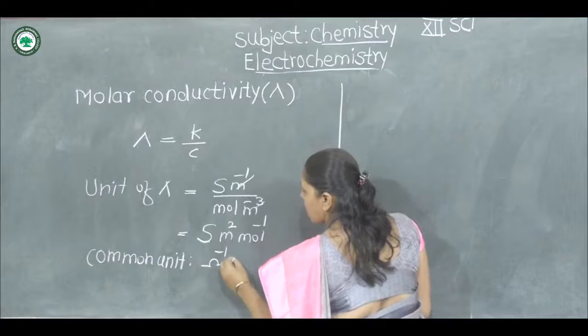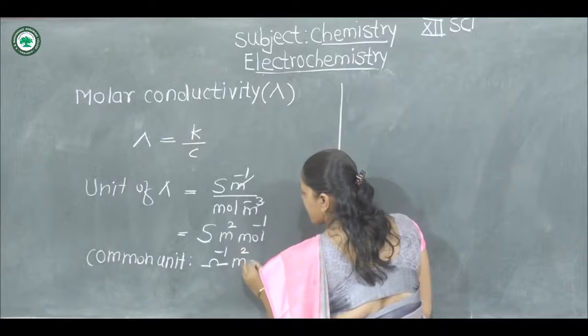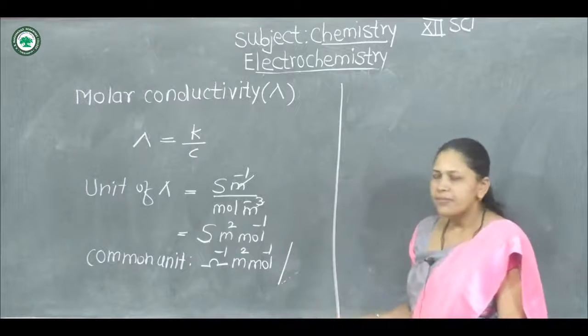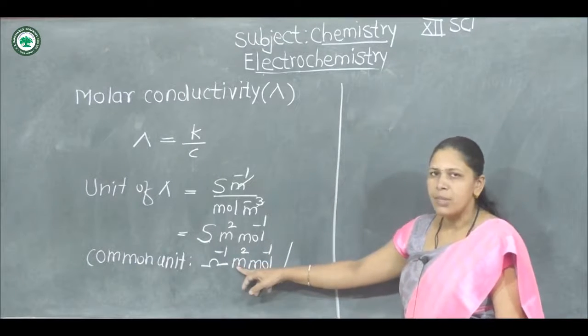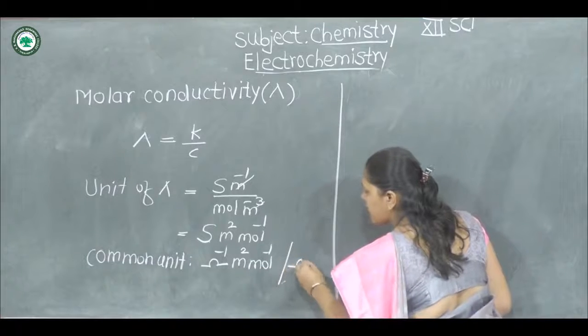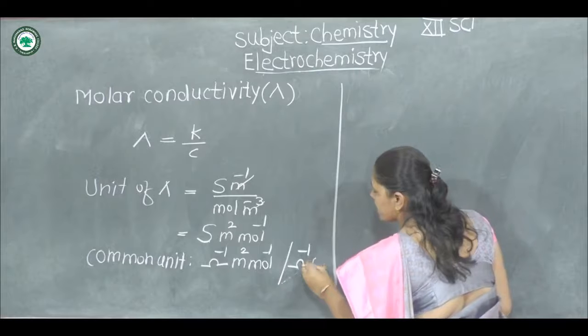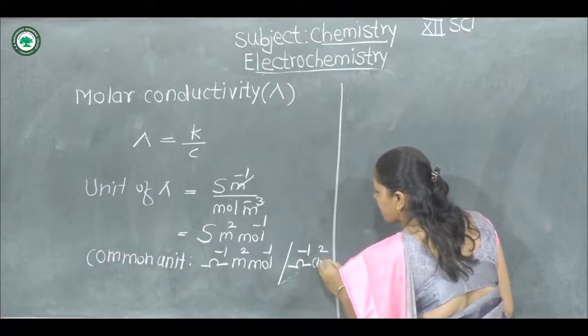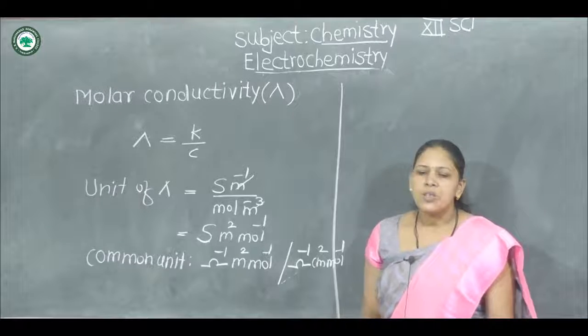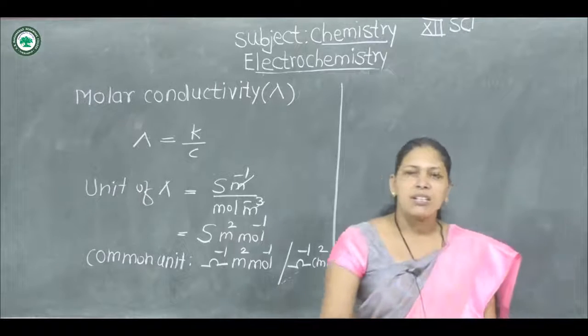Another unit is ohm inverse meter square per mole, or if meter square is replaced by centimeter square, then another unit is ohm inverse centimeter square per mole. This is the common unit of molar conductivity.